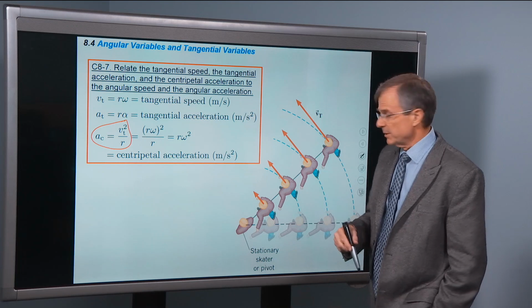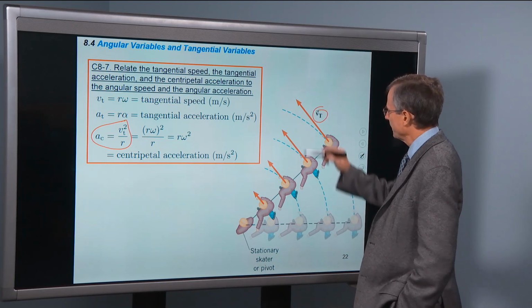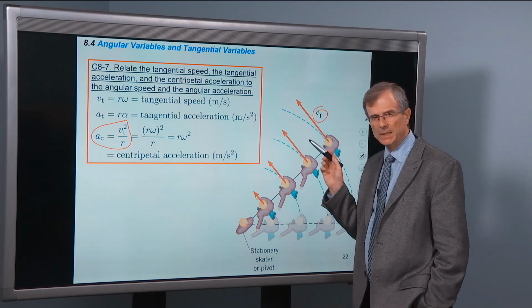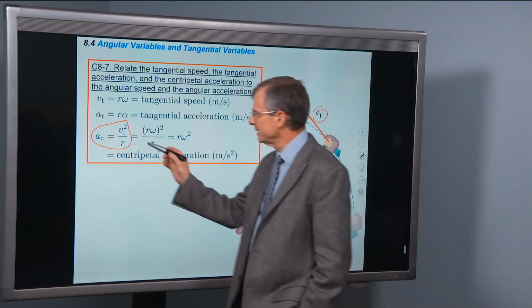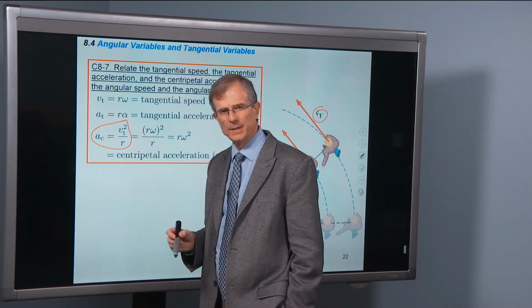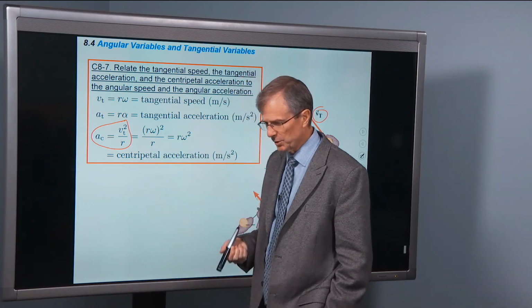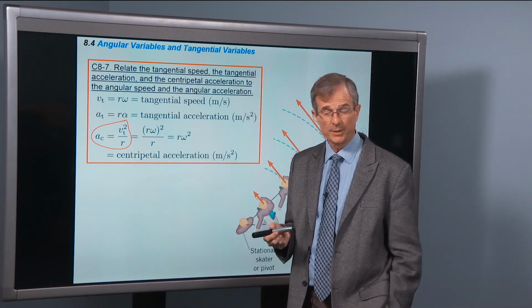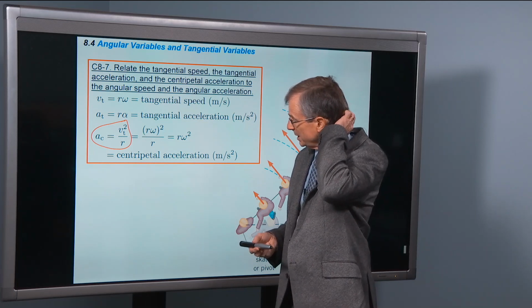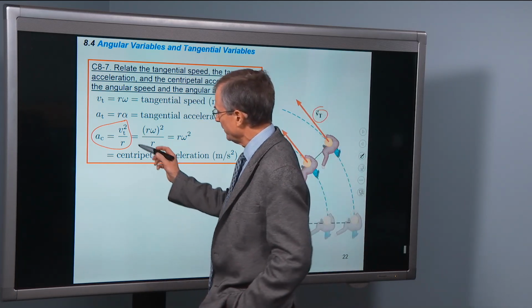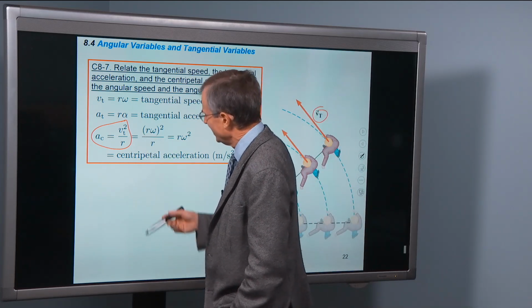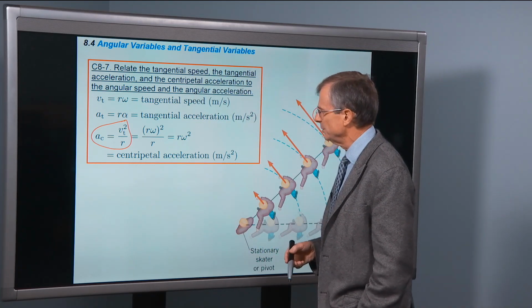In this chapter, we use v sub t to represent that v. But it's nothing more or less than just the speed that you're going around the circle, 2 pi r over the period of the circle. But in this case, it's denoted with the lowercase t. So that's all there is to that one.